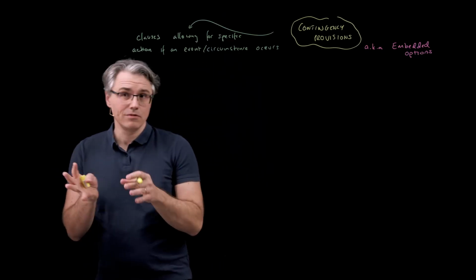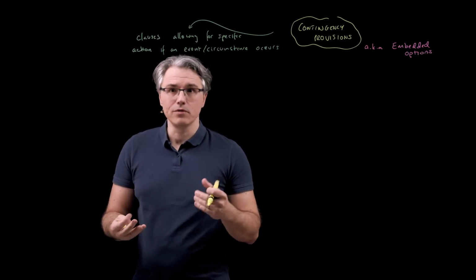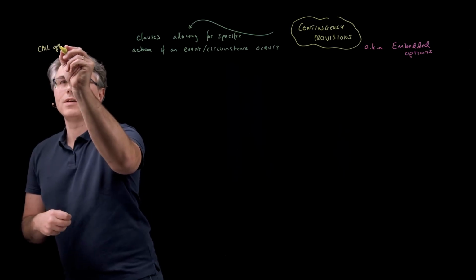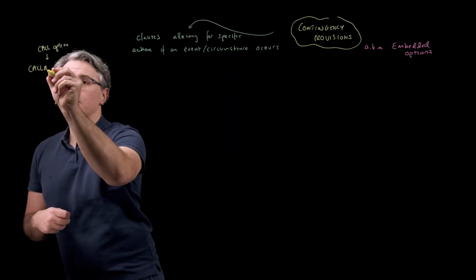Good. We're going to start off with something called call options, which make the bonds callable. So if a bond has a call option built into it, it becomes a callable bond.